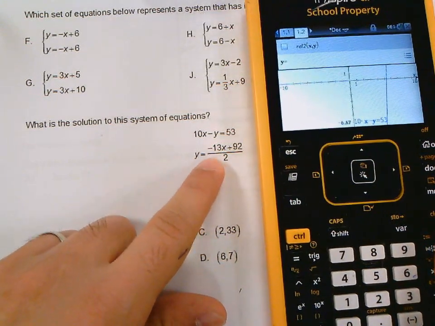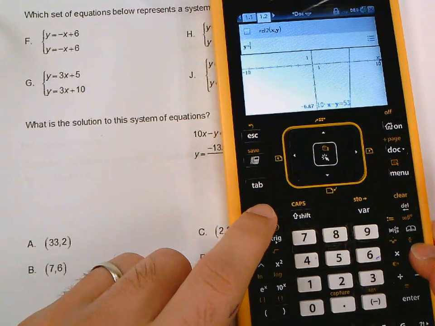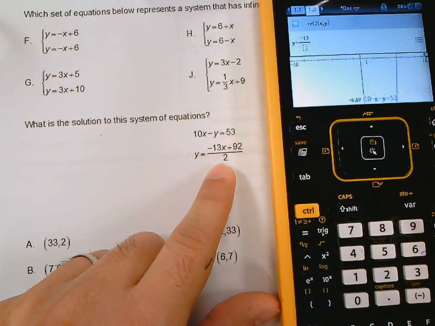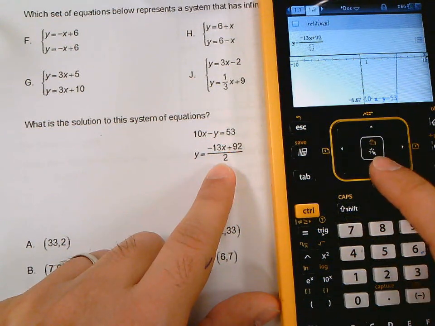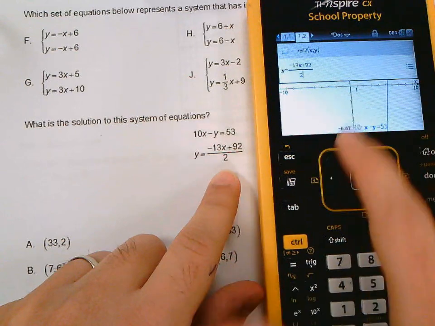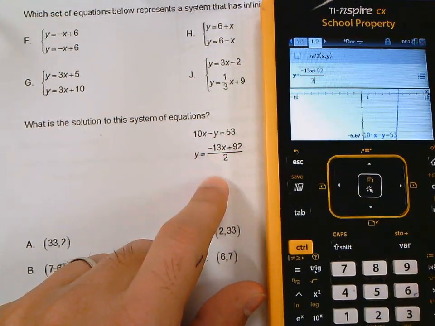Now because I have a division here, I'm going to hit control division to create a fraction. So I do negative 13x plus 92 divided by 2. Make sure that it's typed out exactly the way that is on your paper. So hit enter.